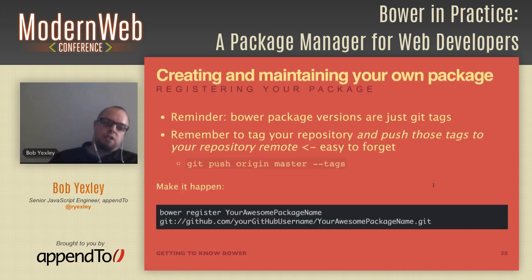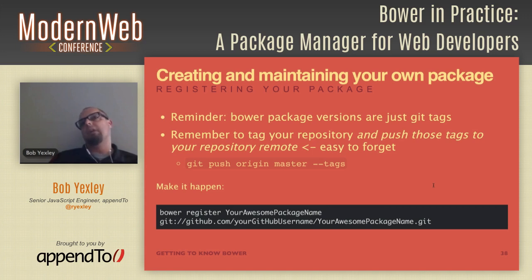Again, when it comes to registering your package, remember Bower package versions are just Git tags. That's all they are. So remember to tag your repository. And the one thing that I always forgot early on was to push those tags to your repository remote. That's easy to forget.